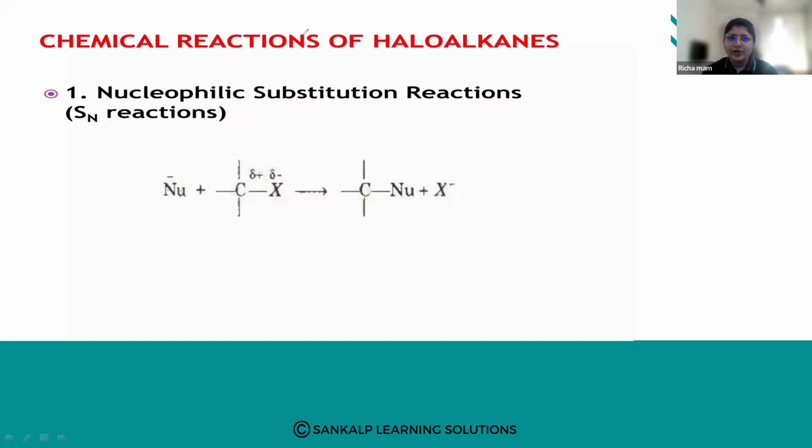So we are going to see the various chemical reactions. First we are going to see nucleophilic substitution reaction. So what do you mean by nucleophilic substitution reaction? Now you know we have seen.